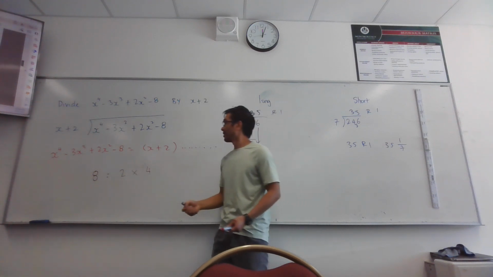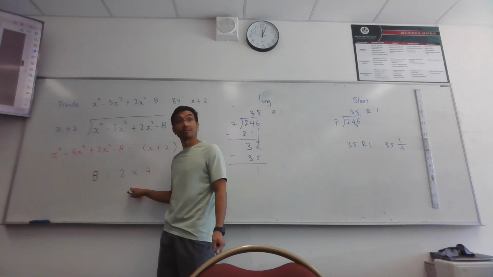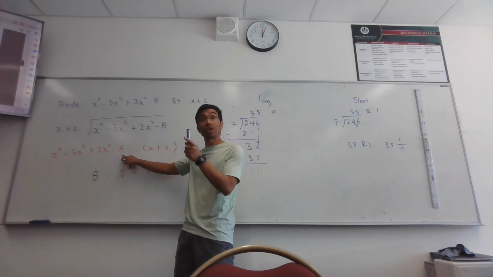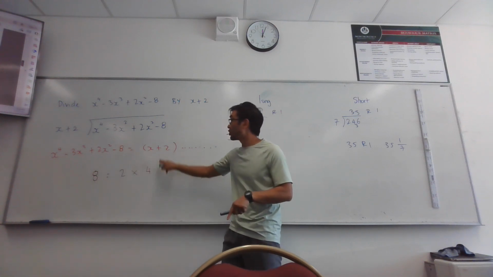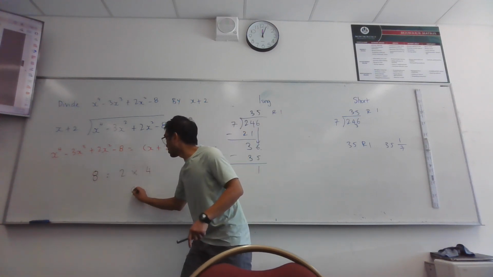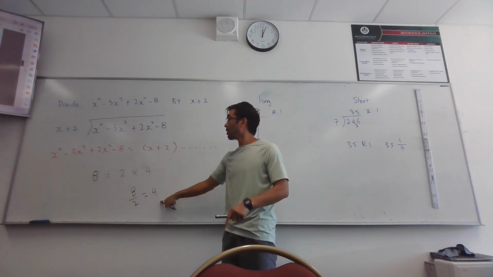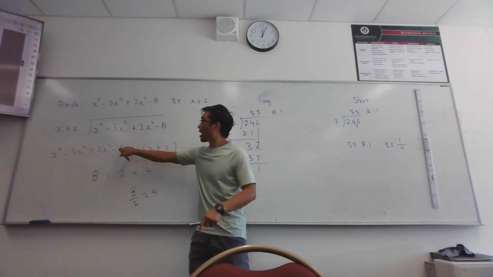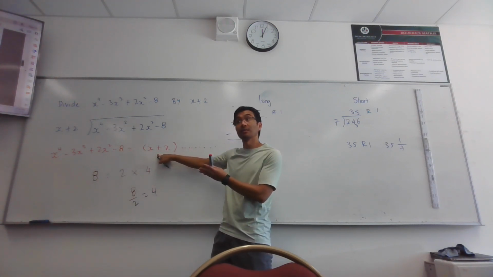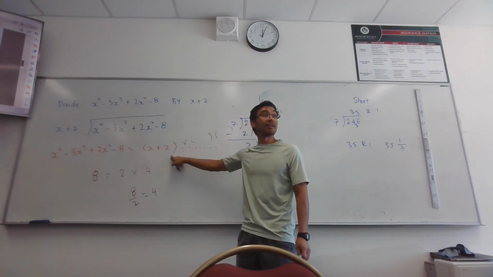All we're doing is breaking down our 8 into factors. In the same way, we are breaking down our huge equation into factors. Because I know 8 divided by 2 is 4. So if I divide our big equation with a factor, I can figure out all the other factors in there.